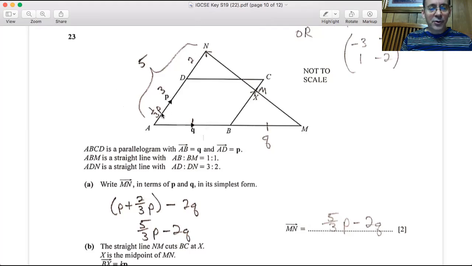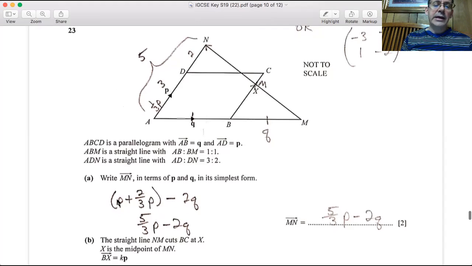But P is not the whole. It's only a part. So what we want to do here is say this P is broken into 3 parts. There's a 3 here. So we're going to break P into 3 parts. That means each part is 1/3 P. And this is 2 parts. So 2 times 1/3 would be 2/3. And when we add that together, 1 and 2/3 is 5/3.